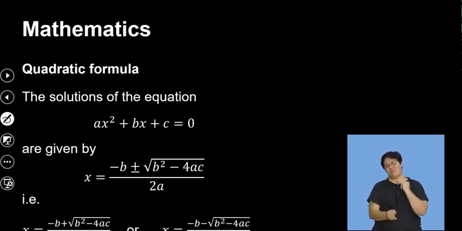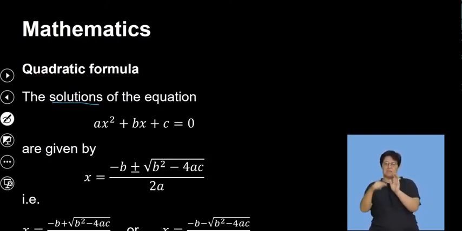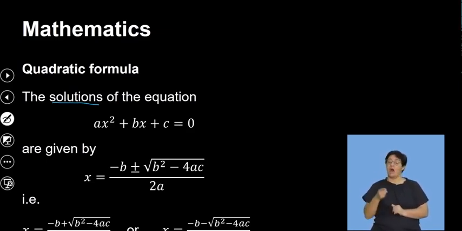Now, the solutions of the equation are normally given by the formula x equals minus b plus or minus the square root of b squared minus 4ac, over 2a. You know this is the quadratic formula. You do not need to cram this formula, guys, please. You just need to know how to apply it because it's going to be there in your information sheet.